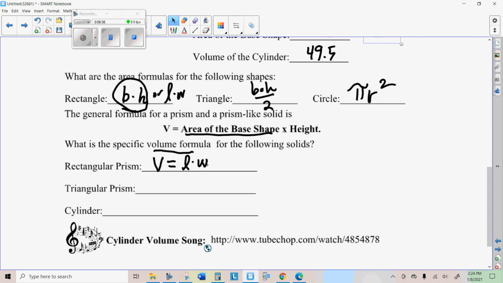A lot of people like to use that one, times the height. The height is going to be in every one of these, right? Triangular prism, you would do base times height divided by 2, and then multiply that by the height. And for a cylinder, we already learned that one. It's pi r squared. That's the area of the base times the height.